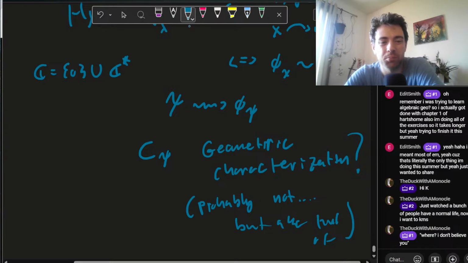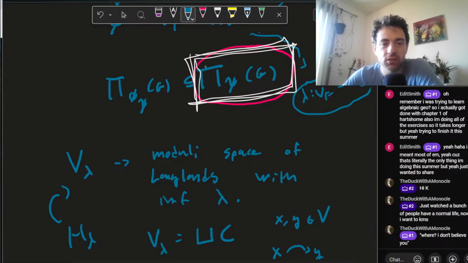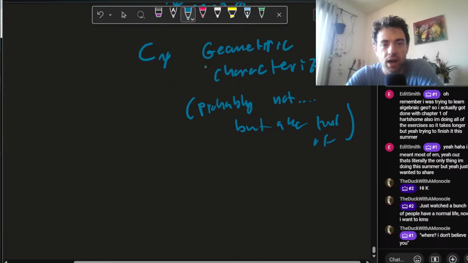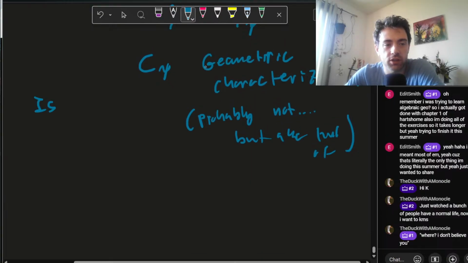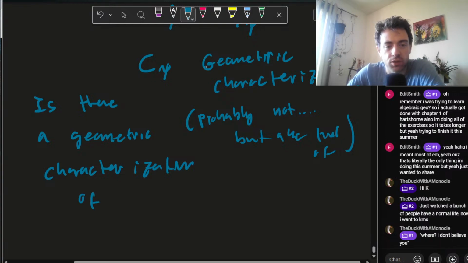Well, what's more interesting is that this Arthur packet is generally larger than the L packet it contains. So maybe a better question is, is there a geometric characterization of the Arthur packet itself?